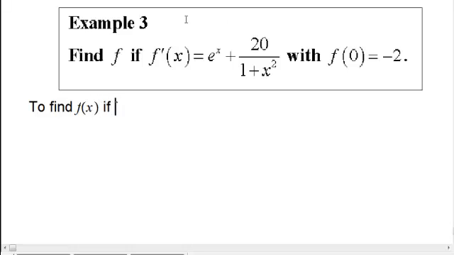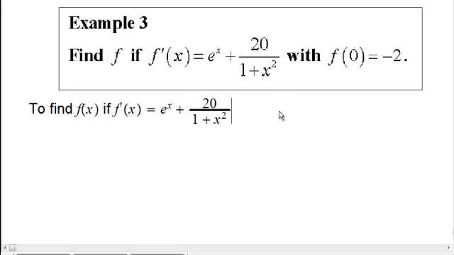If f prime of x equals e to the x plus 20 over 1 plus x squared, right? And then this time he wants a very particular one, that is f of 0 equals who? Negative 2. Did I copy it correctly here?